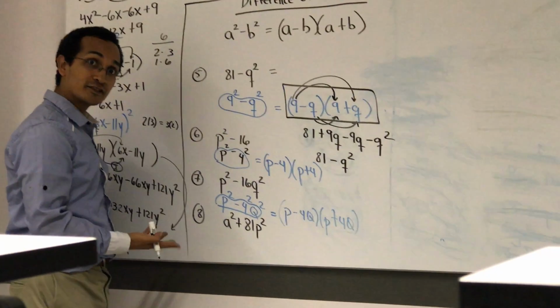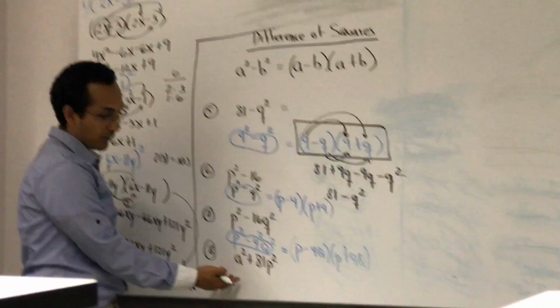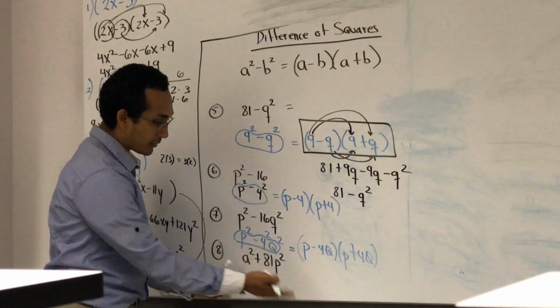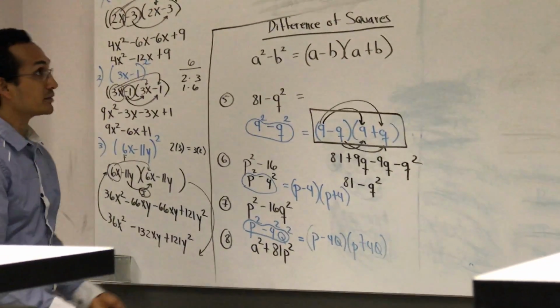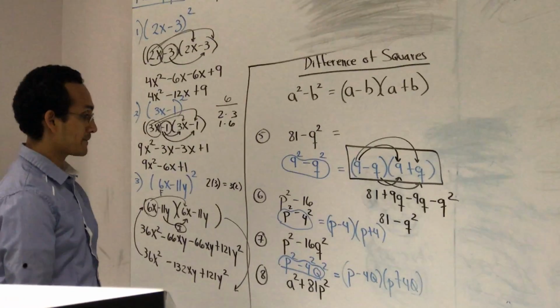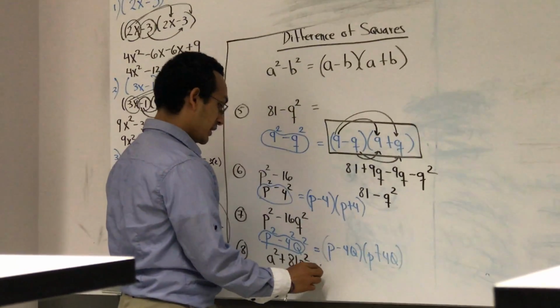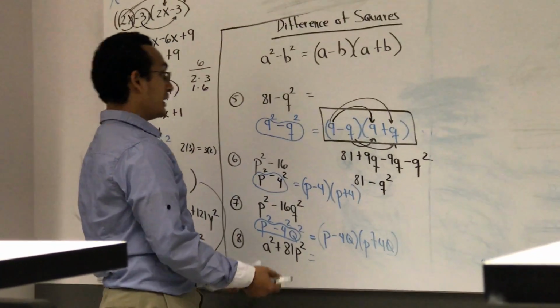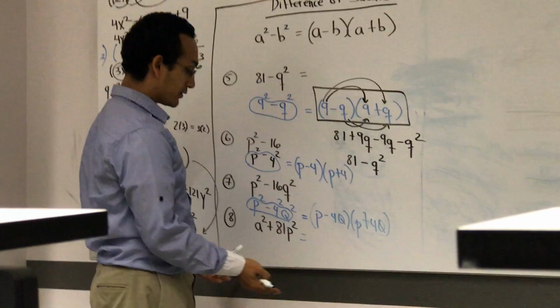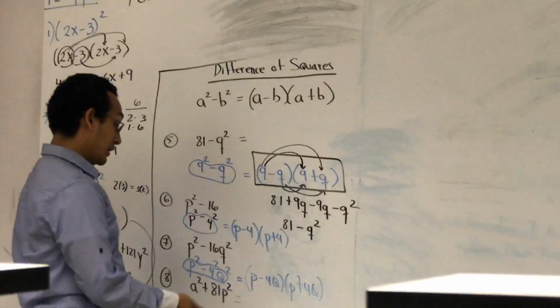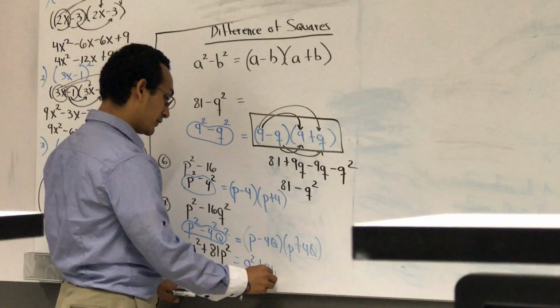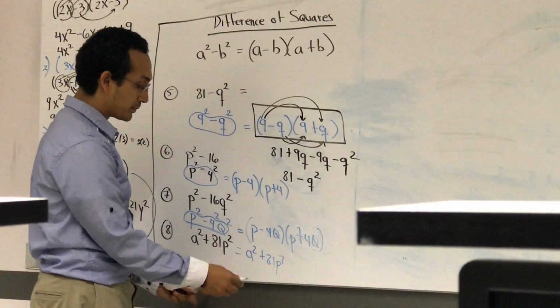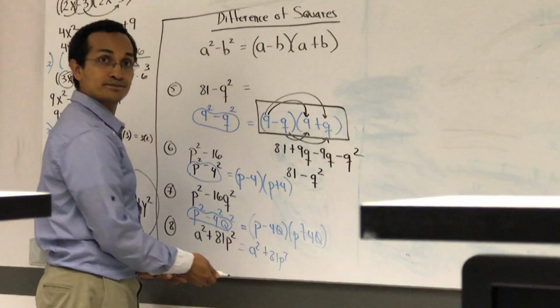There's no such thing as a sum of squares, because if you were to do this, you would not come back to this particular expression. If they ask whether you can factor this, some professors say you really can't do anything to this, so you just leave it as is, or you could say it's prime. You can't factor this.